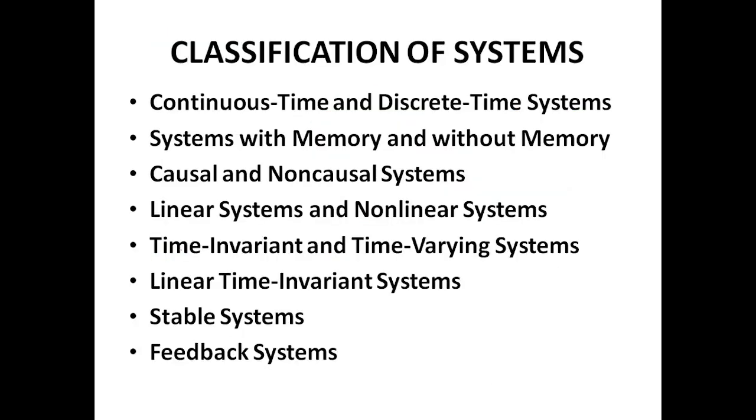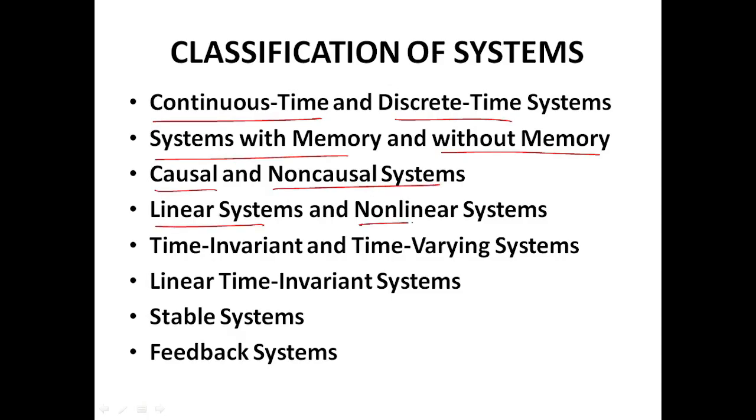Now, classification of systems: continuous time and discrete time systems, systems with memory and without memory, causal and non-causal systems, linear and non-linear systems, time invariant and time varying systems, and linear time invariant (LTI) systems. LTI systems are a combination of linear systems and time invariant systems.